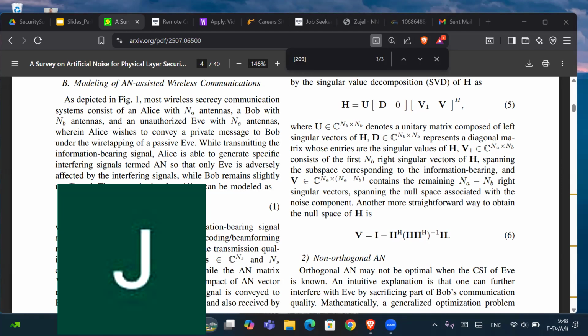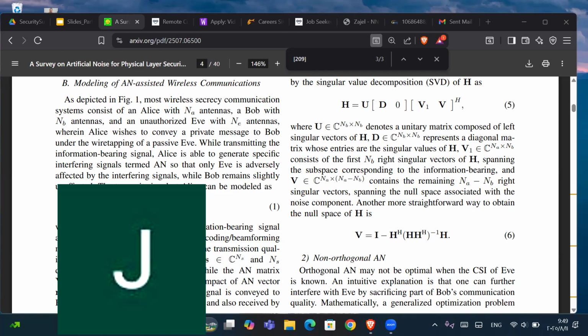Basically, they are the complex values representing the modulated symbols after the modulation step. And R here is also another vector, representing the noise that I want to convey. And this V is a matrix responsible for making the noise go in all directions except the direction of the legitimate receiver. And W is the precoding matrix that focuses the signal in the direction of the legitimate receiver, Bob.